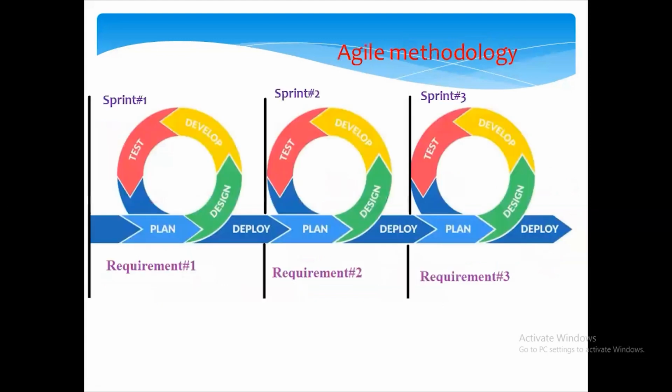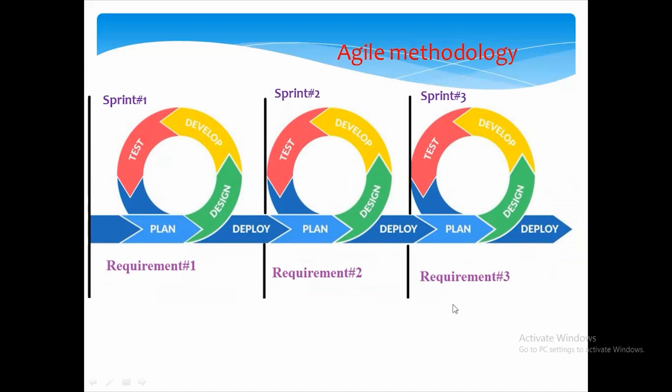Here you can see sprint 1, sprint 2, and sprint 3. So when the product owner breaks down the requirements and sets the priority, he decides how many sprints we should take to give this product to the customer.